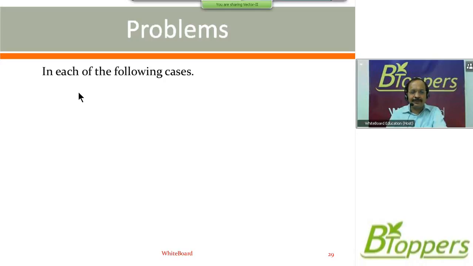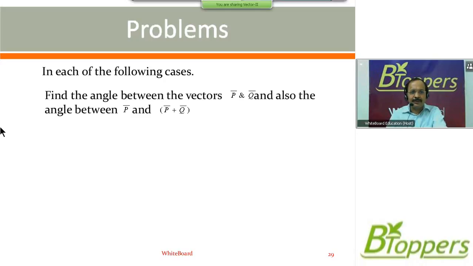In each of the following cases, find the angle between the vectors p bar and q bar, and also the angle between p bar and p bar plus q bar.